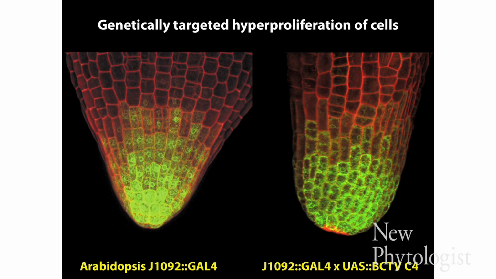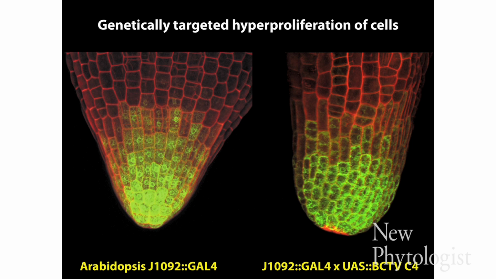But what happens if you now start to hook it up to something which changes the plant architecture? You can do that by using, for example, a protein from a DNA virus, in this case beet curly-top virus. There's a protein there which interacts with retinoblastoma protein, so it's a protein which triggers ectopic cell divisions.